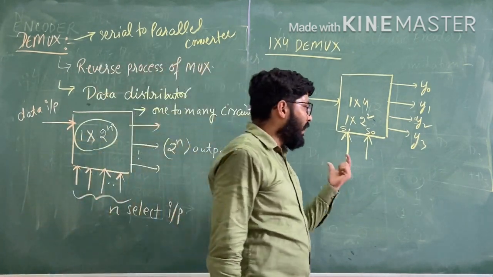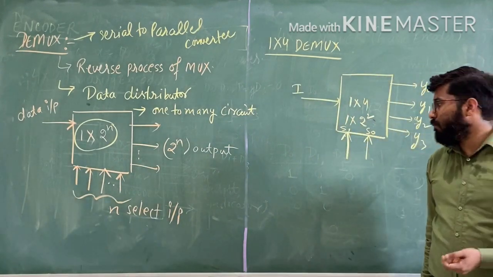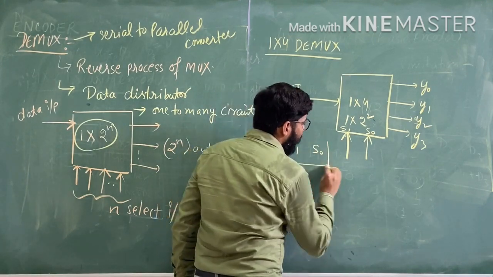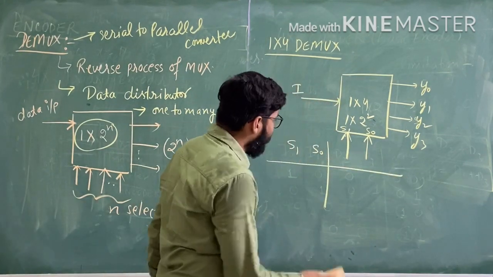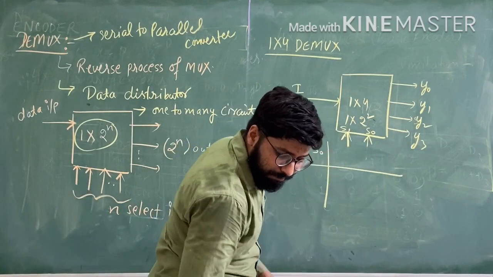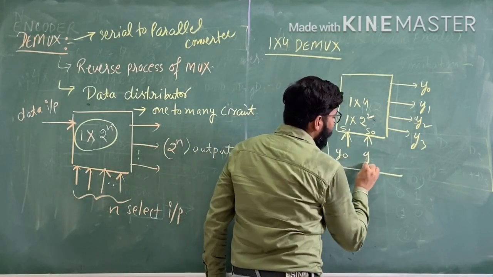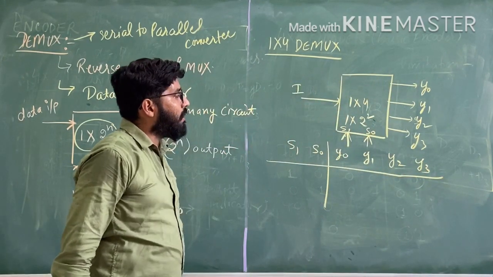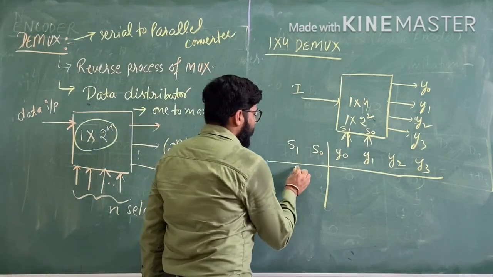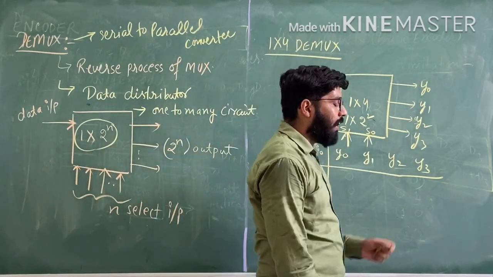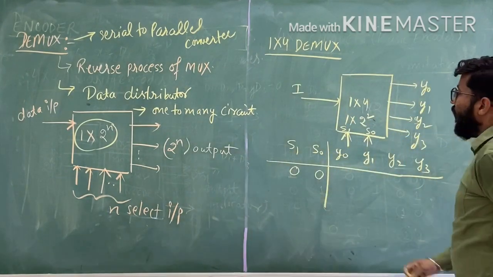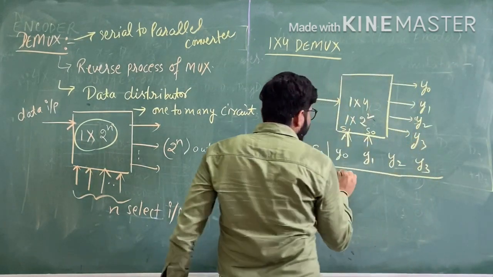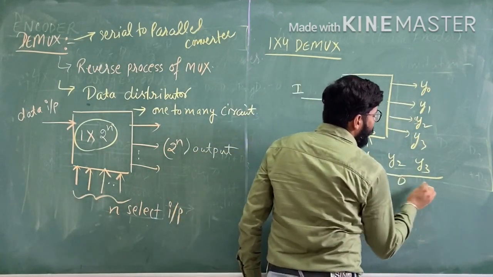Now, depending on the select lines, we will have an output. Suppose we develop an output table using y0, y1, y2 and y3. If S1 and S0 are 0, 0, we get the y0 output, so y0 becomes I and the others become 0.